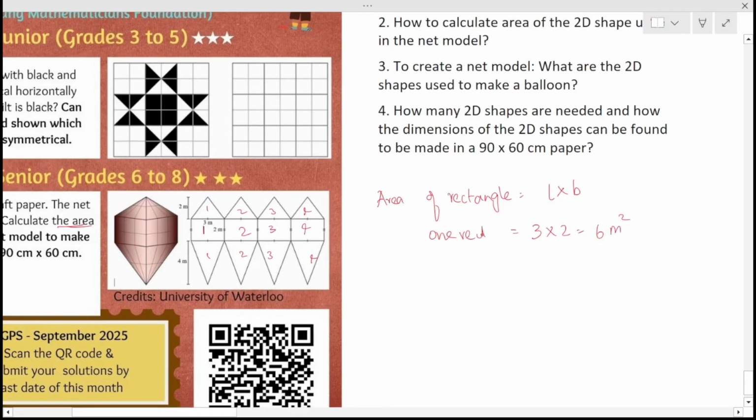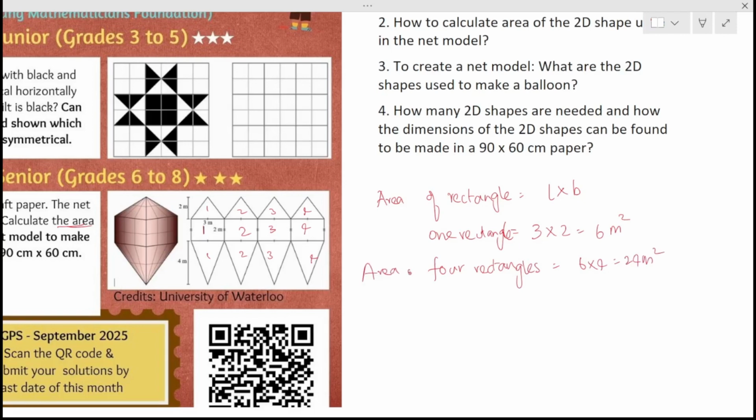Are all of them the same? Yes, all are the same. So for 4 rectangles, it is 6 times 4, which is 24 square meters.